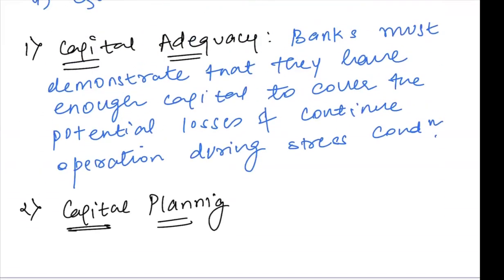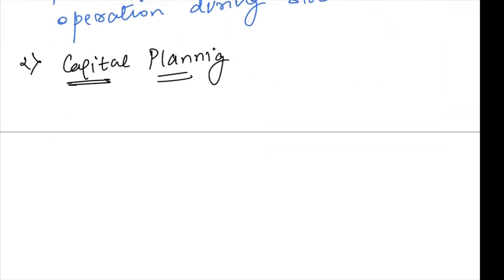All these things require a bunch of team to work on each component of it. So if you see capital adequacy, there's a good amount of team that will be working on capital adequacy. There'll be different members who will be working on capital planning. So what is capital planning?